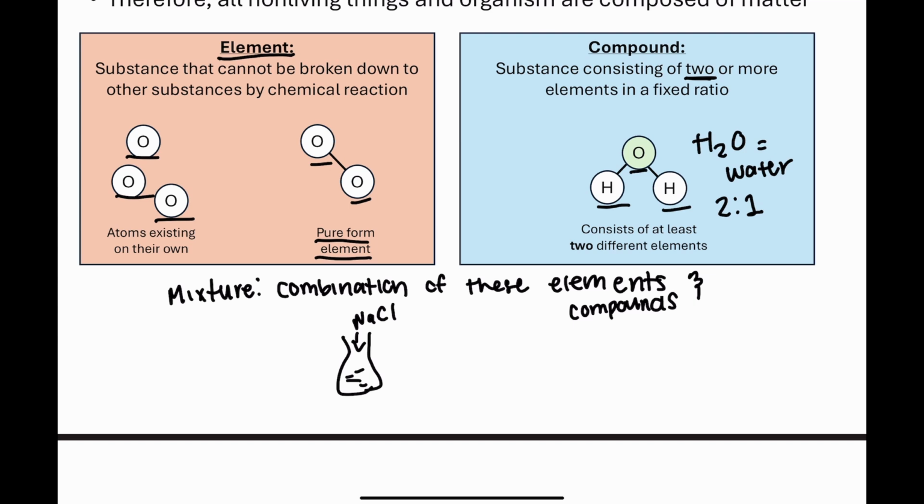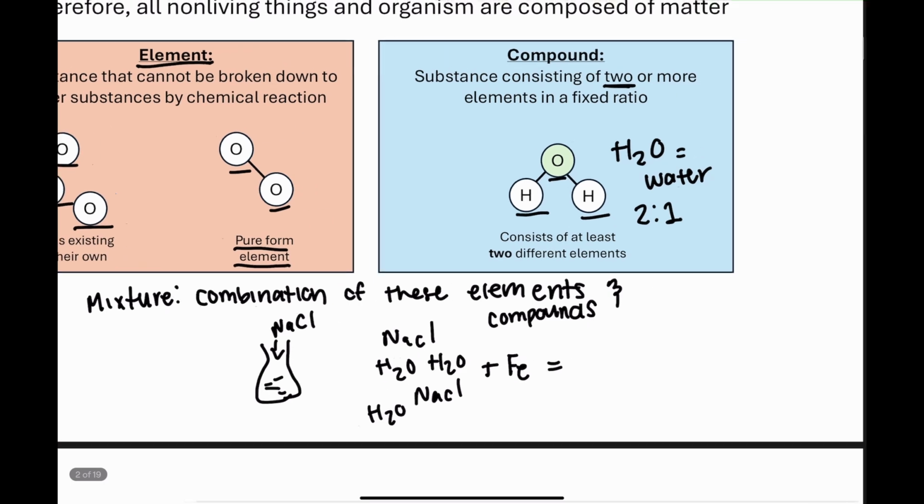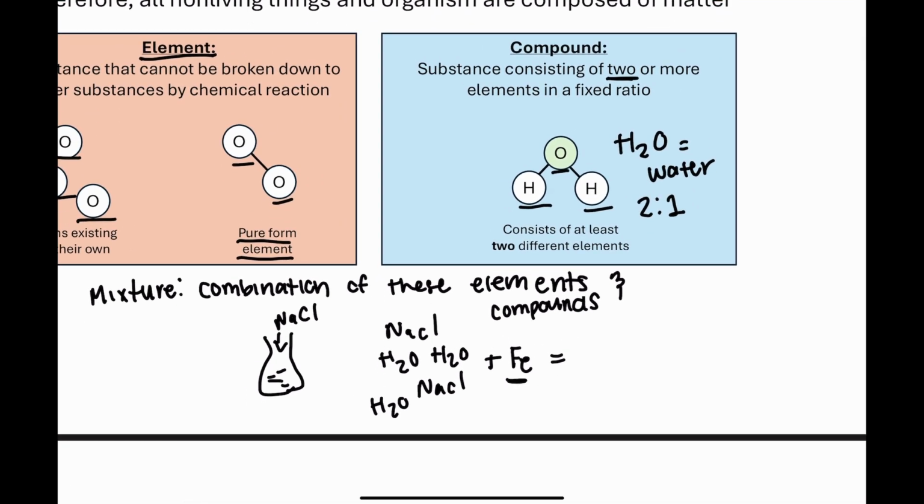When we dissolve this table salt into water, we now have a beaker that has water molecules and salt molecules floating around each other. And for some reason, let's say we want to add iron as a filler. So we do. Iron is denoted as Fe on the periodic table. When we add iron, it is not going to form new substances with our water molecules and our salt molecules.